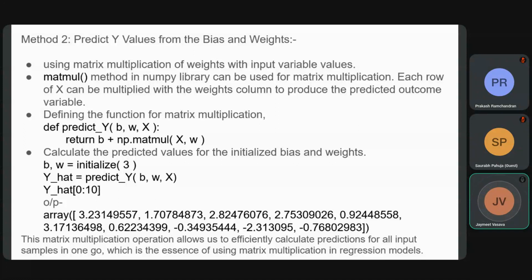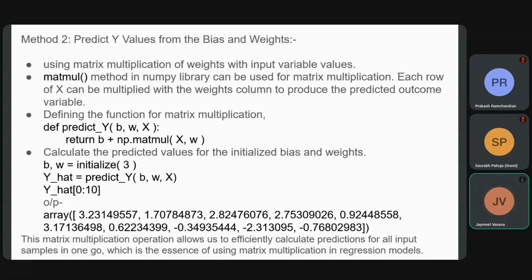So the transposed x is multiplied with the weights in order to get the values for the coefficients and the independent variables used for x. The y hat is the predicted values for the bias, weight, and the x values given.